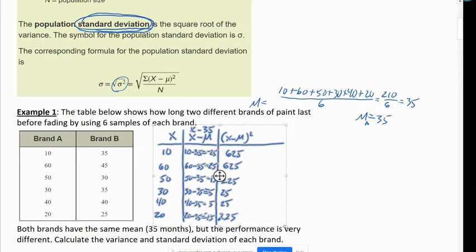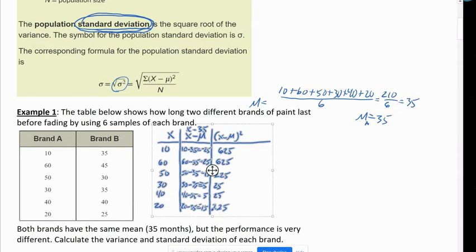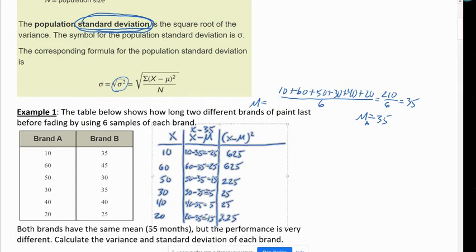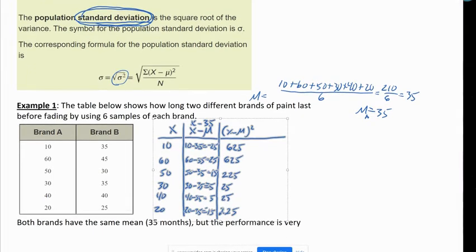I'm going to shrink this down a little bit so I have a little bit more room to write. Actually, maybe I'll just move the rest of the text down so we have more room to put our totals. And so there we go.